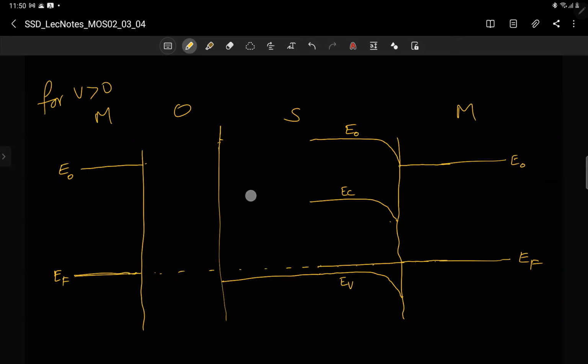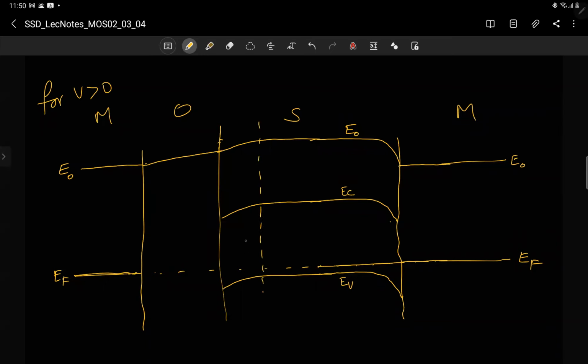Bands have to bend here also. In what way do they have to bend? Definitely you have to merge this E0 with this E0. So some drop will be like this in the oxide, and then it will bend like this. So this much bending will be there.